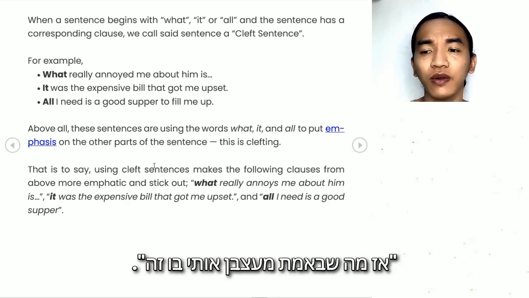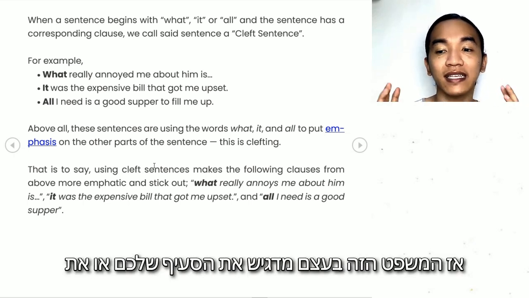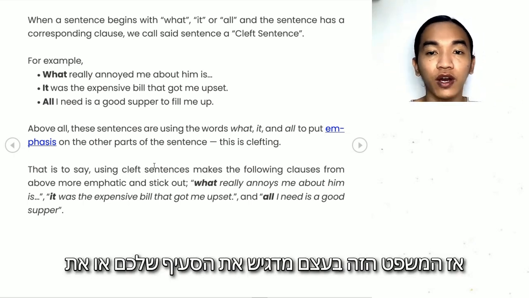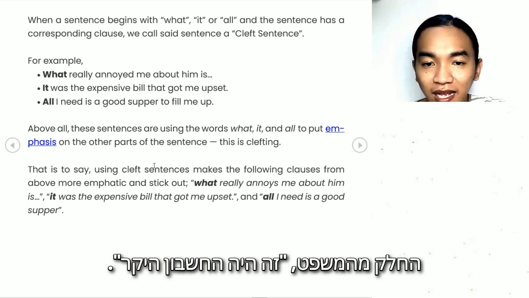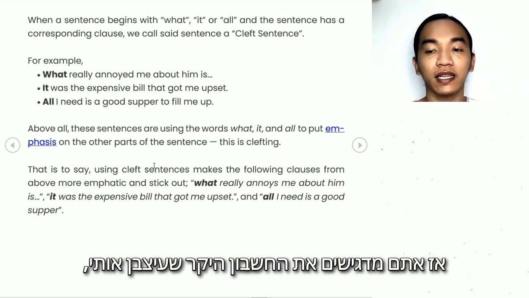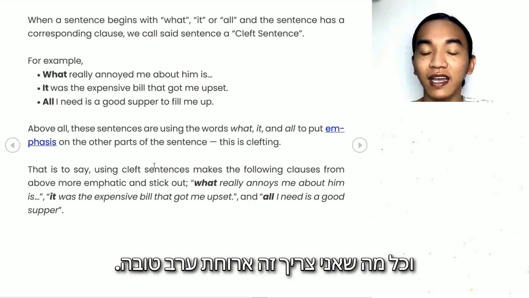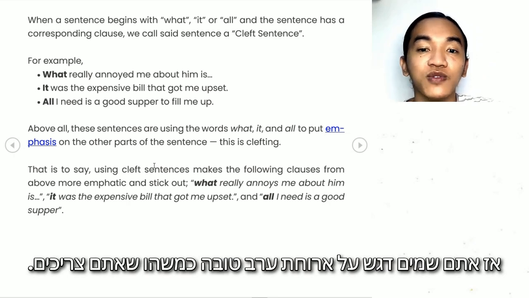So what really annoys me about him is, so that sentence is actually emphasizing your clause or the part of the sentence. It was the expensive bill. So you are emphasizing on the expensive bill that got me upset. And all I need is a good supper. Okay, so you are putting emphasis on the good supper as something that you need.